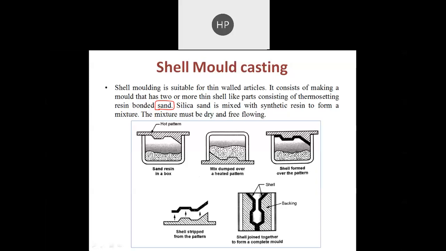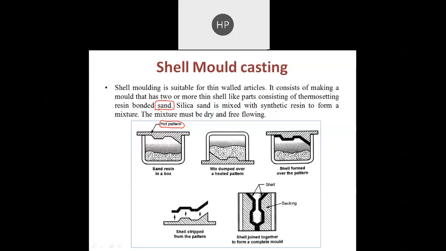So here in this case, this one is the pattern. The pattern which we are using will be a metal pattern. Why? Because in a cell mold casting, we have to heat that pattern to a certain temperature, and that's why the pattern we are using in cell mold casting is a metal pattern.